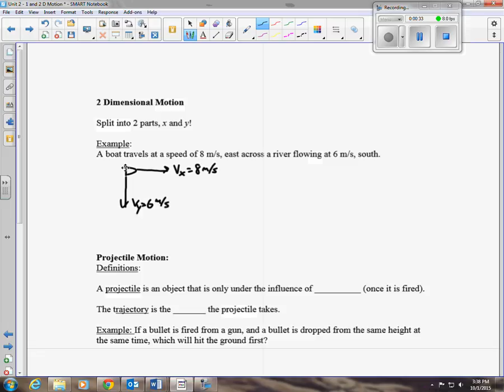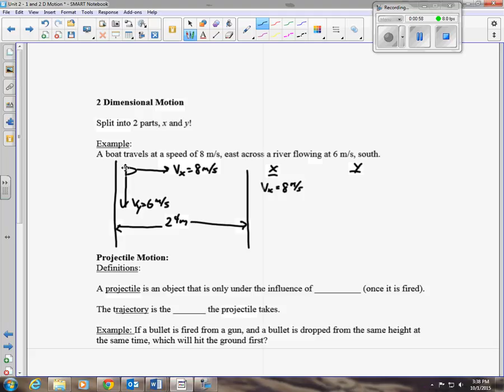Okay. Now, I might get a question something like this. Let's say that I know that the distance across here is 24 meters. I might ask something like, how long will it take to get across the river? So you split it into x and y. For the x, I have the velocity is equal to 8 meters per second. It's a constant velocity.